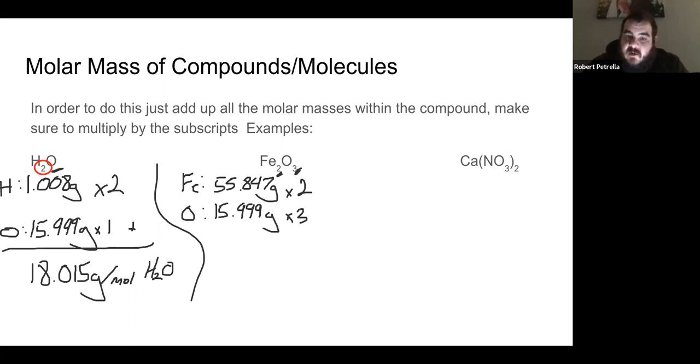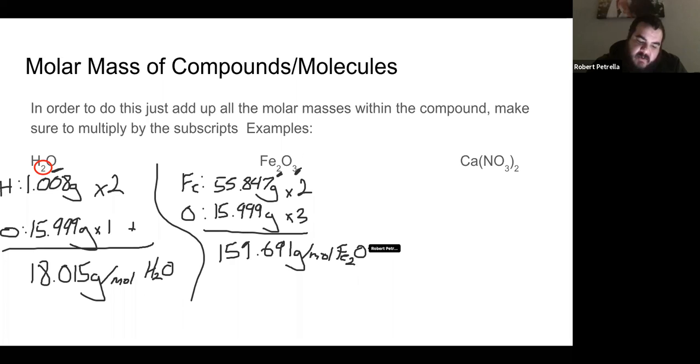And then we just plug it into our calculators. 55.847 times 2, plus 15.999 times 3, is going to give us a total of 159.691 grams per mole of Fe2O3.